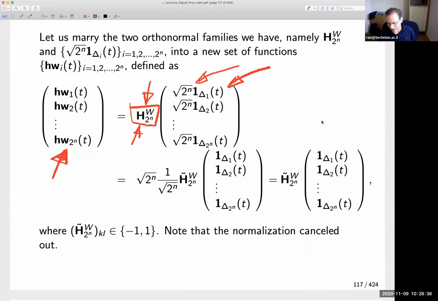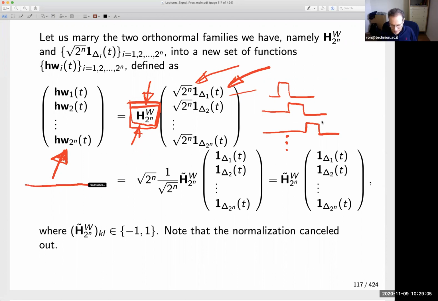So what happens now is that I'm taking these functions which look like that, and the next one would look like that, and the next one would look like that, etc. And I'm blending them with the Walsh-Hadamard matrix. And what I would get is my new functions that would look like that. So this was the first one.